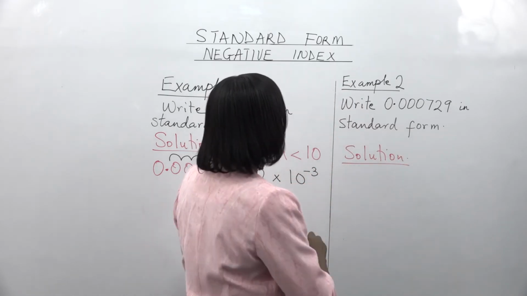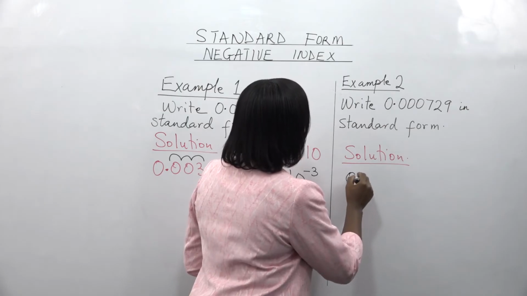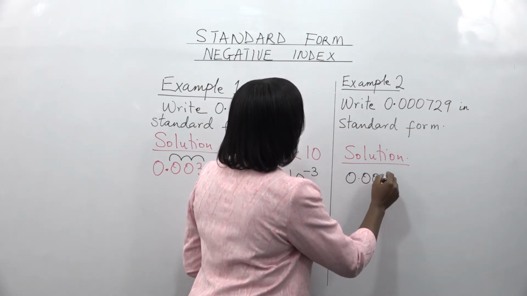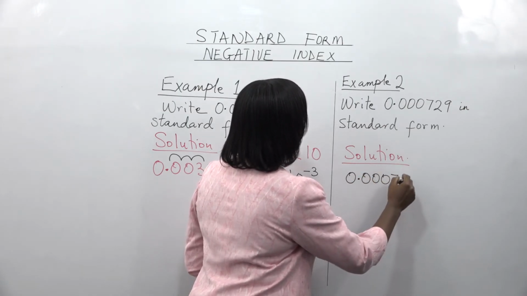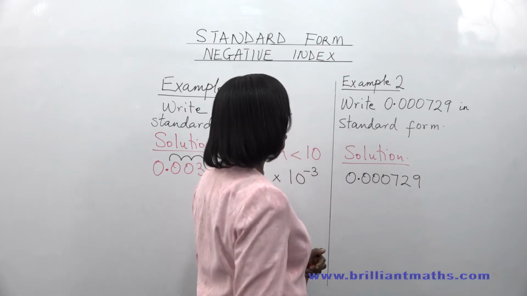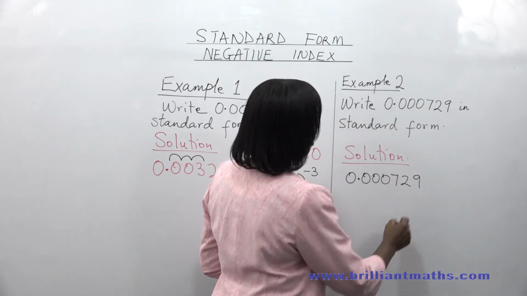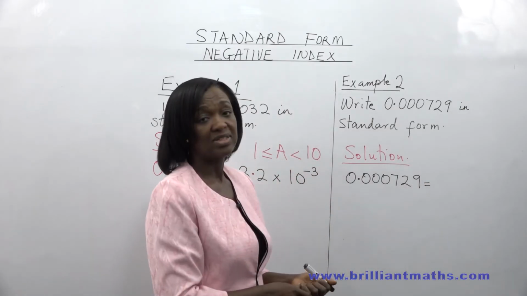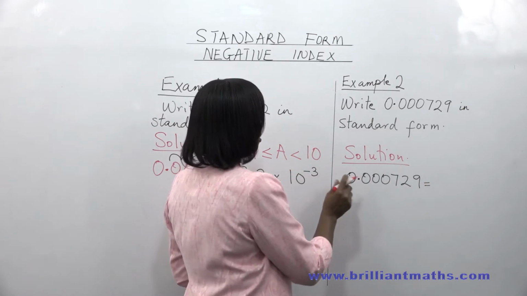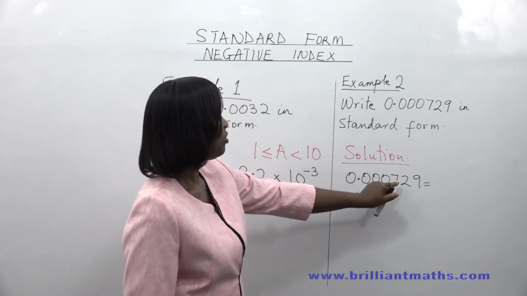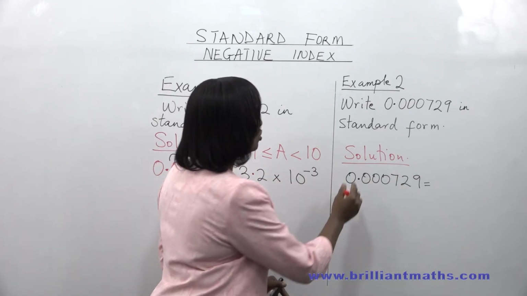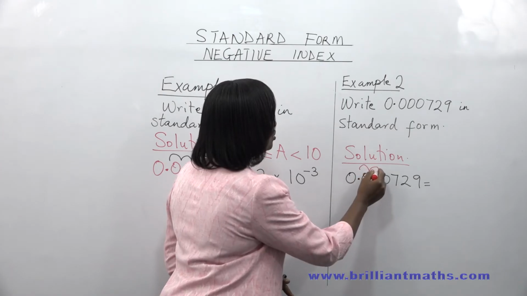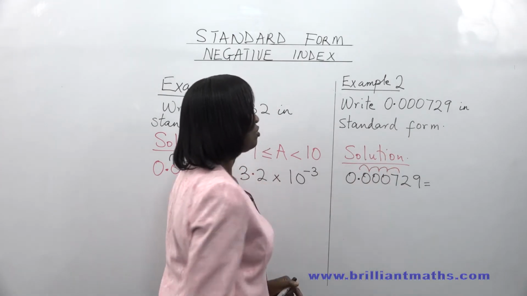All right, I'll write the number again. 0.000729. And this will be equal to, how many steps are we moving? Remember, the decimal point is coming here. So we'll go 1, 2, 3, 4.